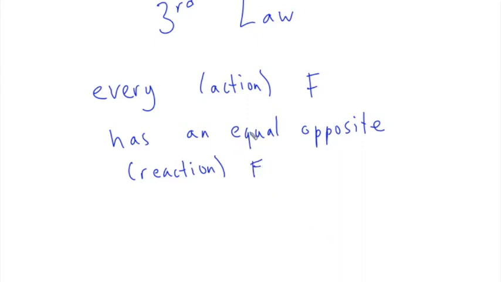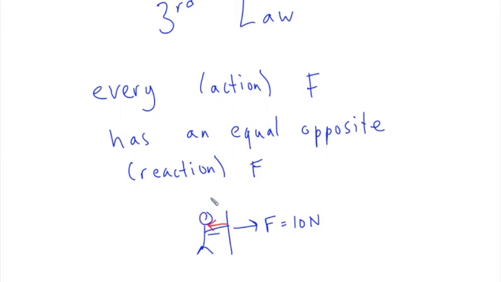What that means is whatever force you have, if you push on something, maybe if this guy pushes on the wall with some amount of force to the right, let's say it's 10 newtons, then there's going to be an equal amount of force, so again 10 newtons, but it's going to push to the left.